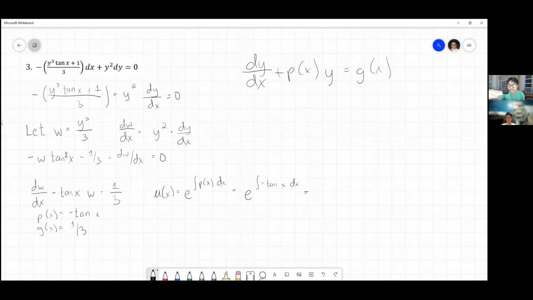So, ano yung integral ni negative tangent x dx? Ni-memorize naman to, no? Ito muna. Yung integral lang muna. Integral ni negative tangent x dx.